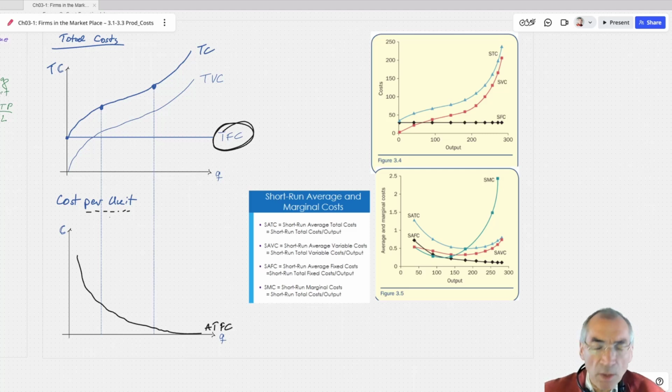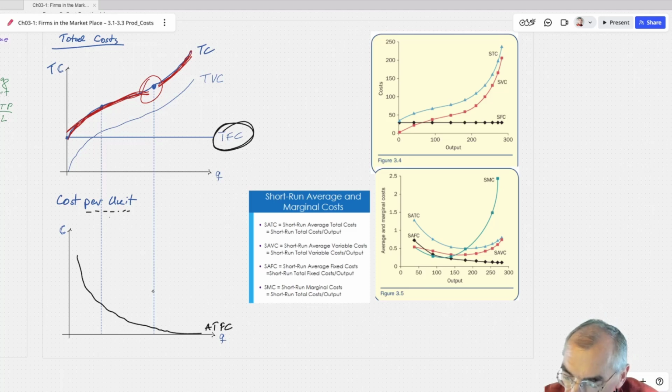Talking about the marginal costs, we see that basically the cost function here goes down. This going down means that the next unit is cheaper than the unit before, up to that turning point, and then after the turning point, each next unit is more expensive than the unit before. And this is what shows itself in how the marginal cost curve looks like.